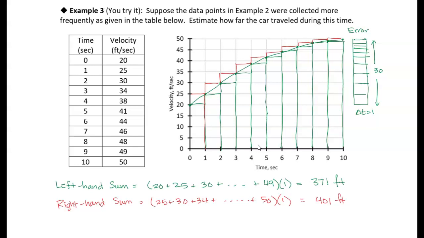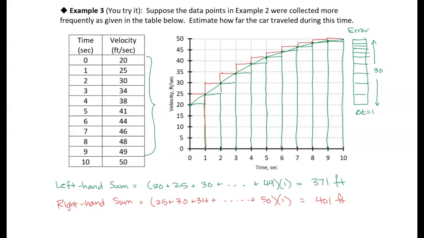And then I also drew the rectangles that represent the right-hand sums. Now I didn't continue the rectangles all the way to the bottom. But let me mark on here. So the left-hand sum is basically that you're taking the first 10 left-hand data points, right?